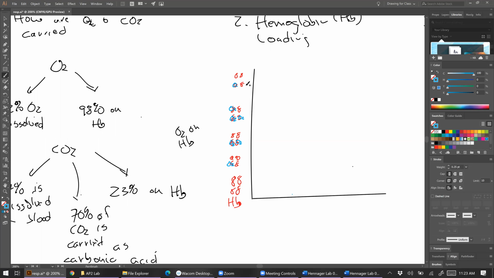And this one's going to be called saturated. These down here are called partially saturated. This one is called unsaturated or deoxyhemoglobin.